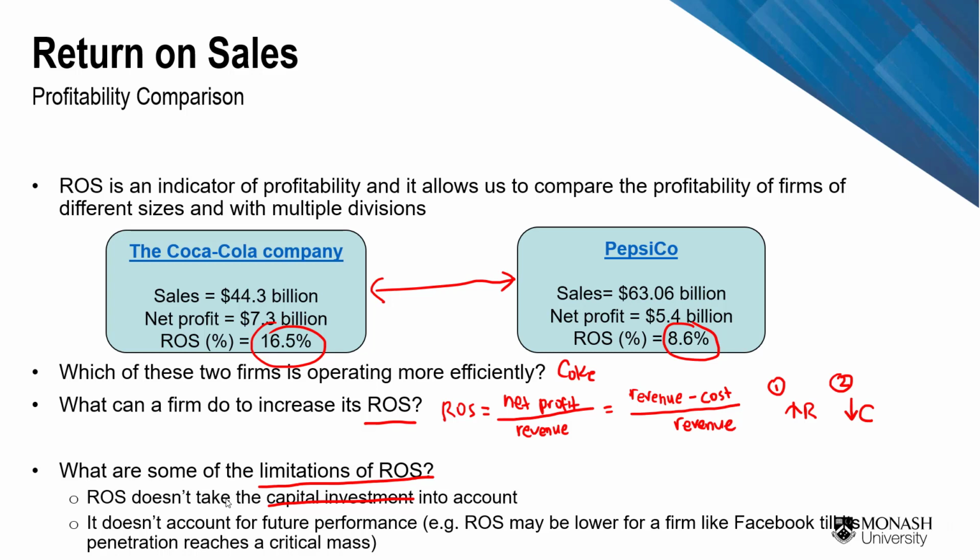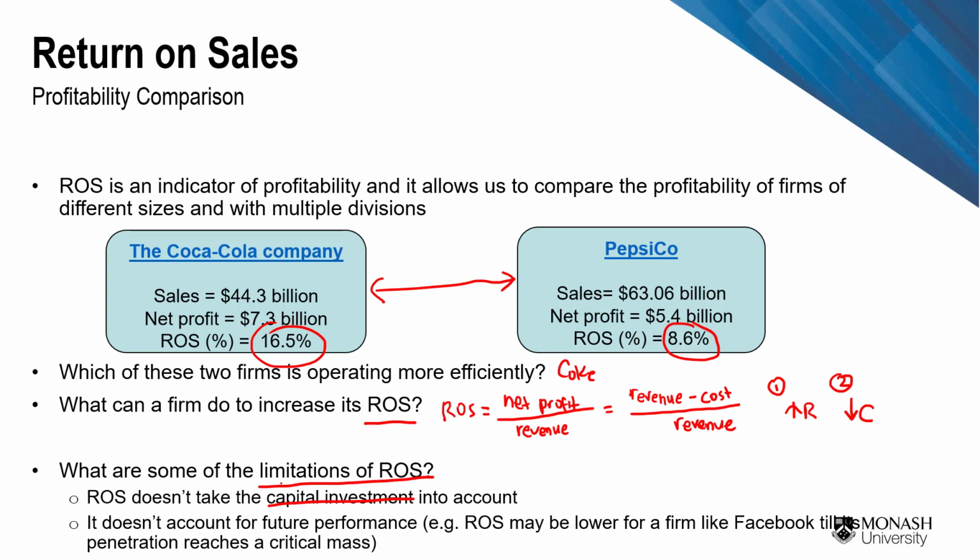Another example is research and development, whereby let's say you are researching ways to improve productivity. It might require time and also money, so you actually spend on that research and development. But say that your research and development is fruitful, then obviously it will increase your ROS in the future.